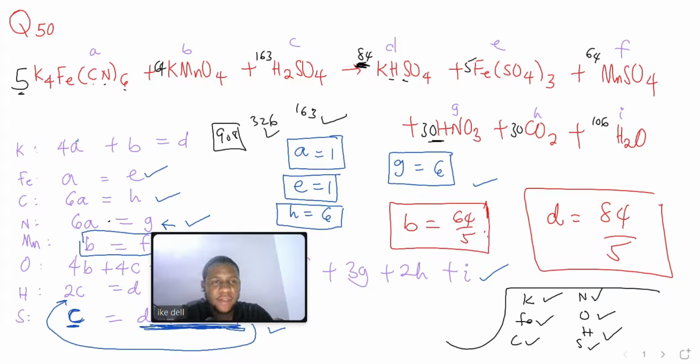With this we've come to the end of this tutorial, this crash course on balancing chemical equations. And I'm sure that with this, most of the equations you come across in your lifetime of studying chemistry, you'll be able to balance them.